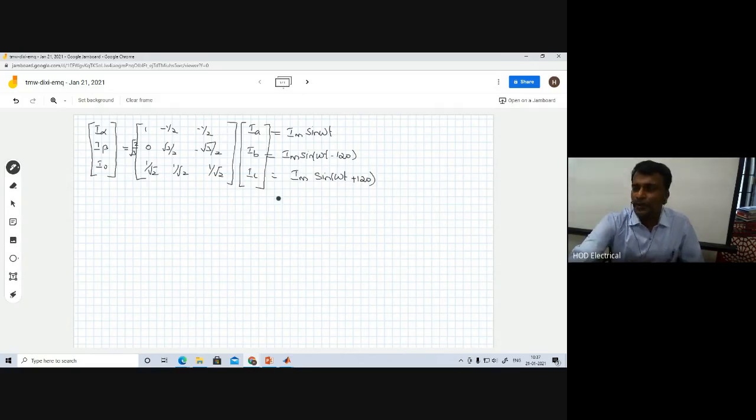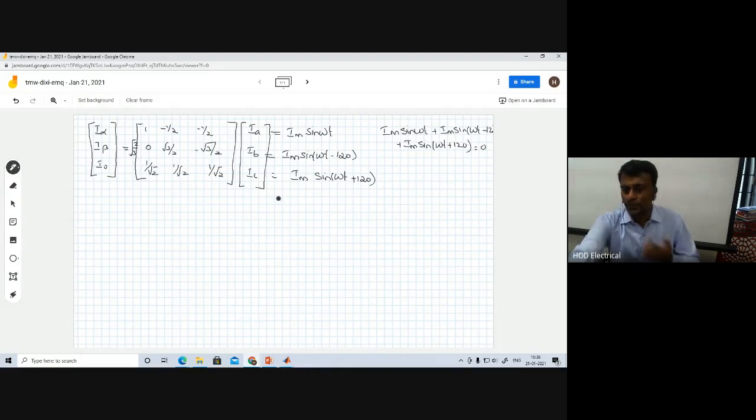Already we know for a balanced system, Im sine omega t plus Im sine of omega t minus 120 plus Im sine of omega t plus 120 equals 0.